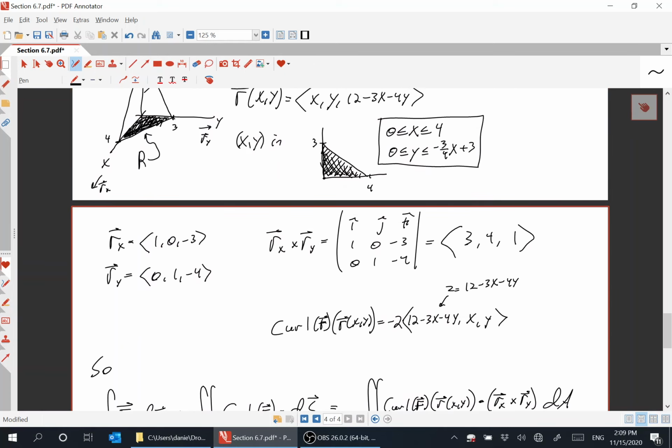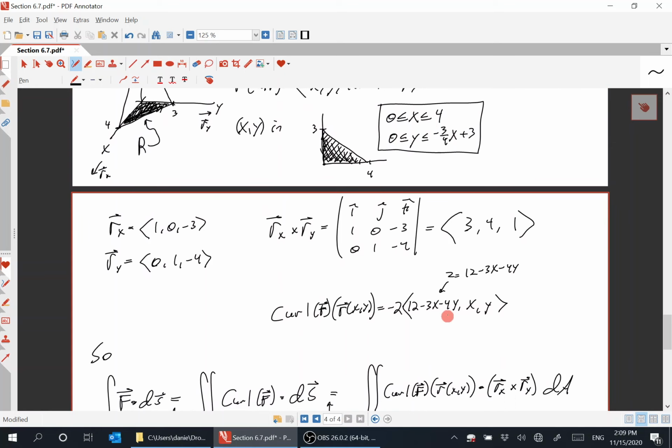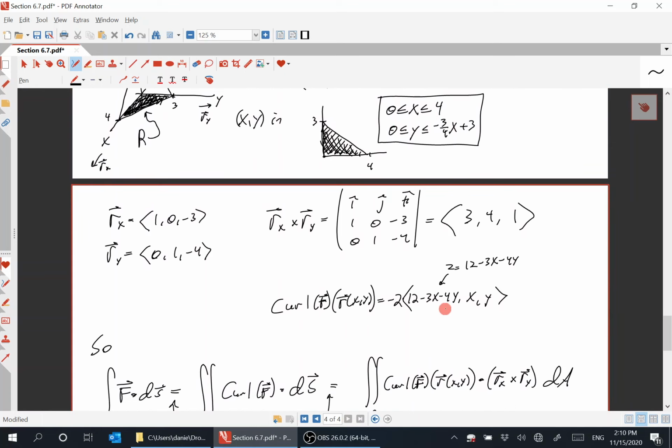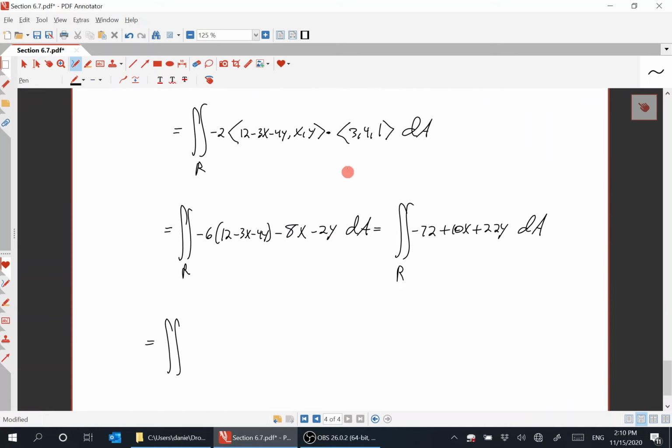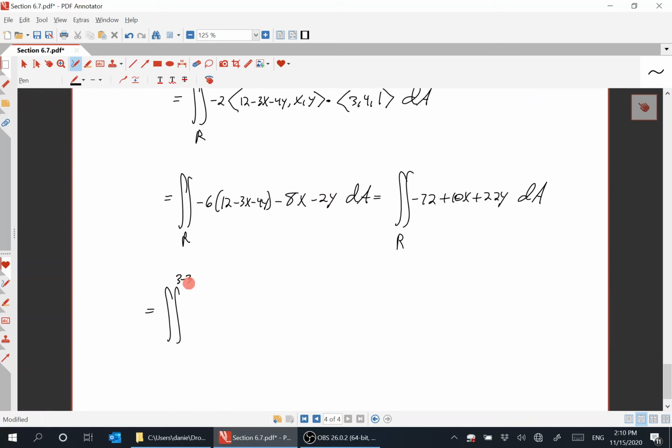So this is equal to, and what was R? The description of R is right here. x goes from 0 to 4, and then y from 0 to minus 3/4 x plus 3, so 3 minus 3/4 x. So that is the integral of 10x plus 22y minus 72 dA.